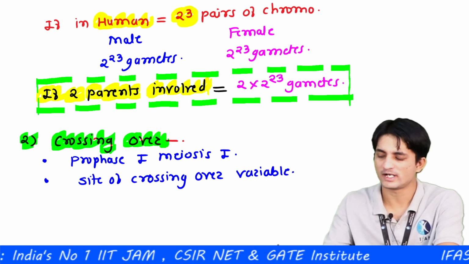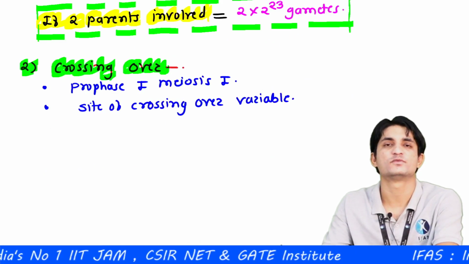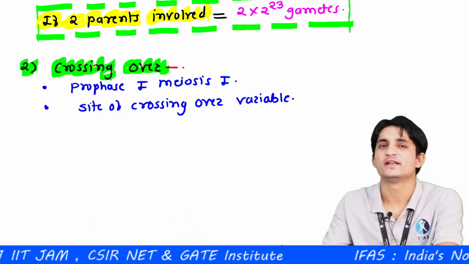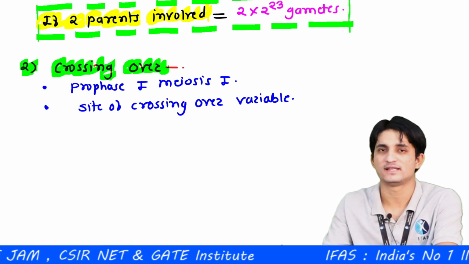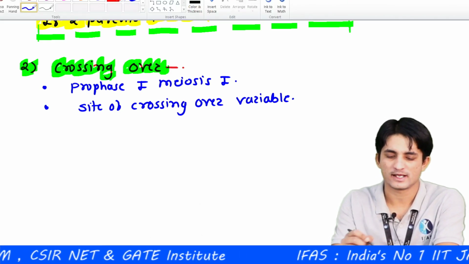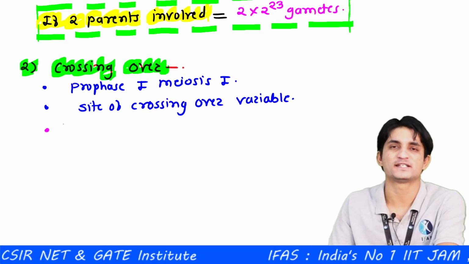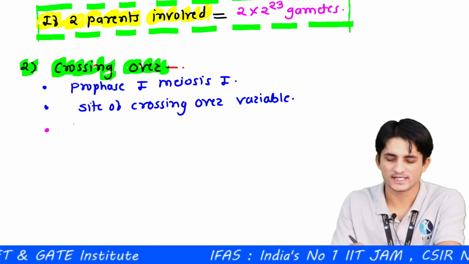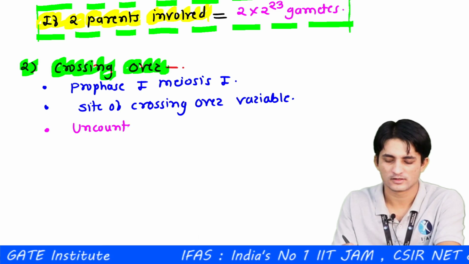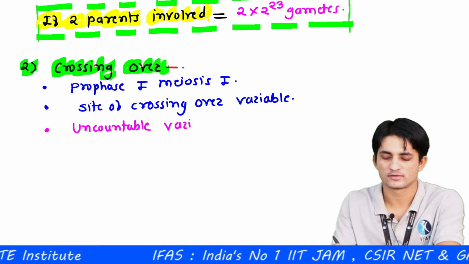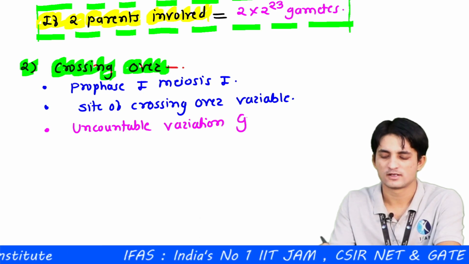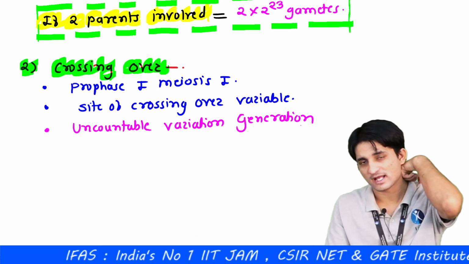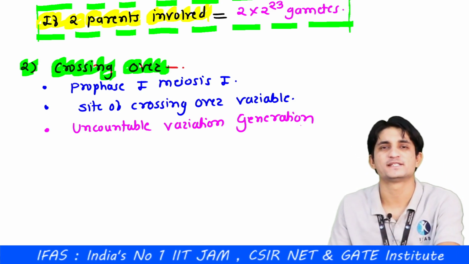Due to this, crossing over can happen at any site, and if the site is variable, then which genes are transferred to the progeny is also variable. Therefore, after independent assortment uncountable variation is produced, and after crossing over uncountable variation is generated, because the crossing over site is variable.